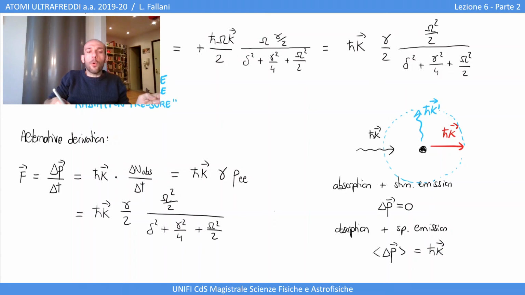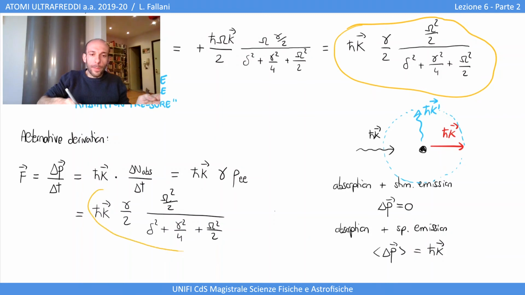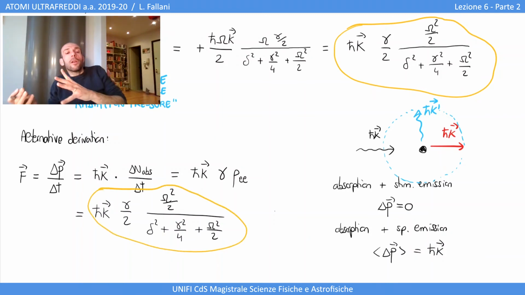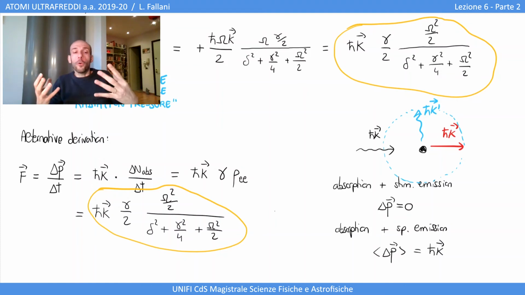And so we arrive at the same expression that we derived previously with a full derivation of the force, based on the evaluation of the atomic dipole, that we have now derived in an independent way by thinking about what happens in a microscopic process of absorption of photons.